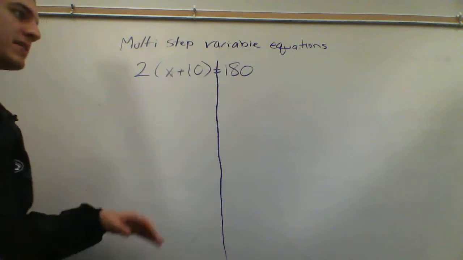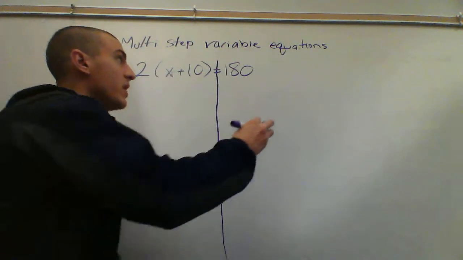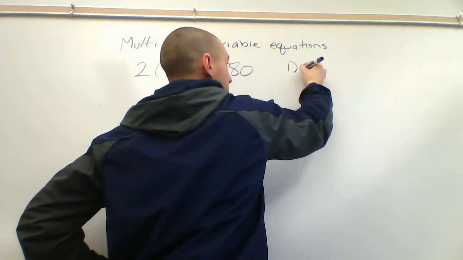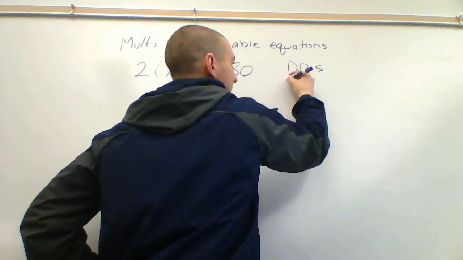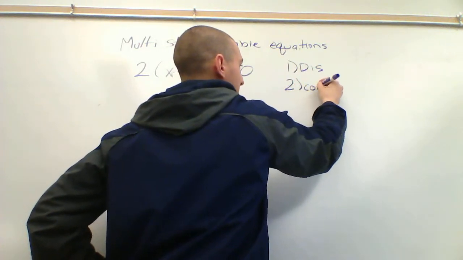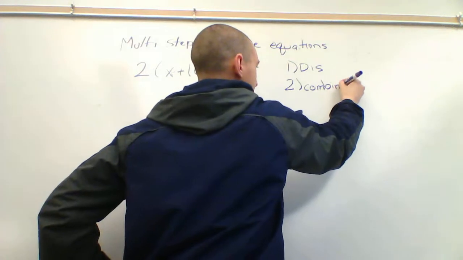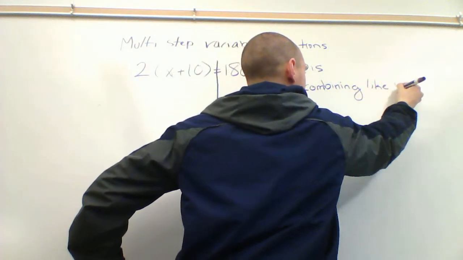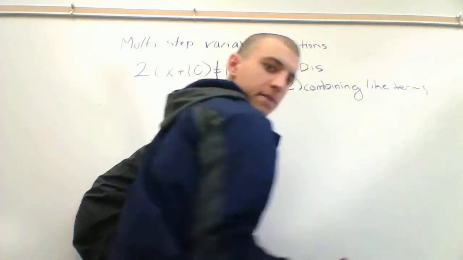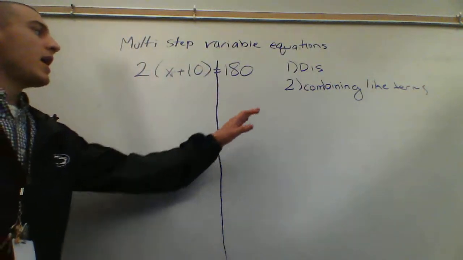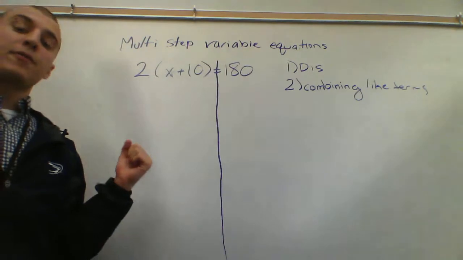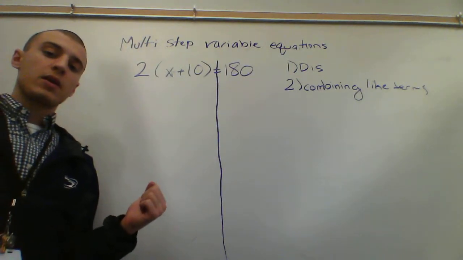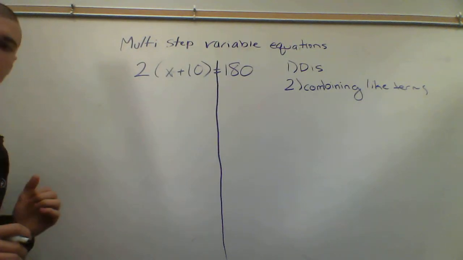Okay, there are two things that you may have to do before you solve. There is one, the distributive property, and there is two, combining like terms. These two steps come before you solve the equation. Okay, so in this case we have to do the distributive property.